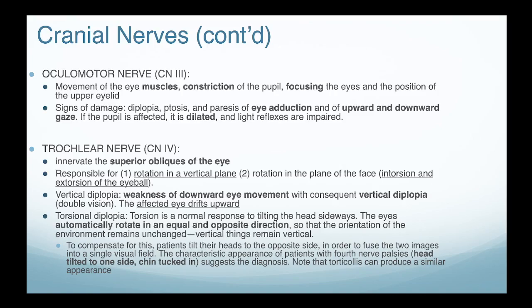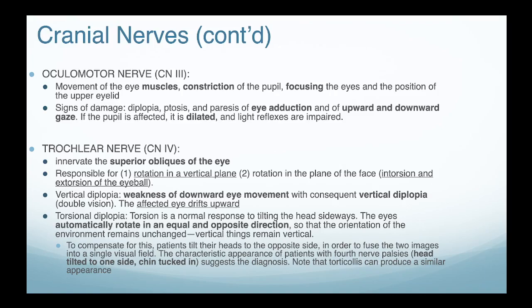You also have the trochlear nerve, which is also associated with the movement of eye muscles, and that's responsible for moving your superior oblique muscles, which are responsible for the rotation in the vertical plane. So, for instance, if you tilted your head from side to side, your trochlear nerve will be coming into play, helping you move your eyes so that you can see a horizontal plane of field.